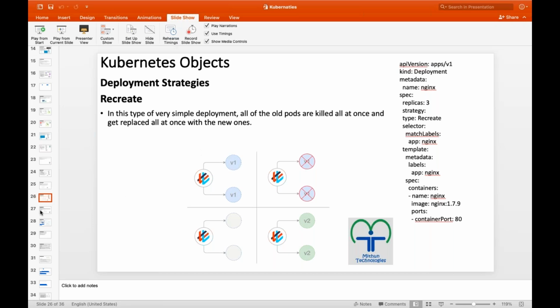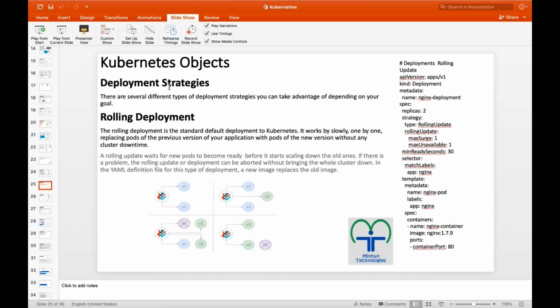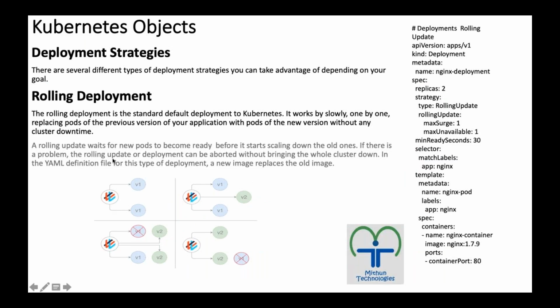And we have one more deployment strategy called rolling update. In case of rolling update, it works slowly. If you observe this diagram, I have an old version of the pods. When I am updating my deployment, what is happening?